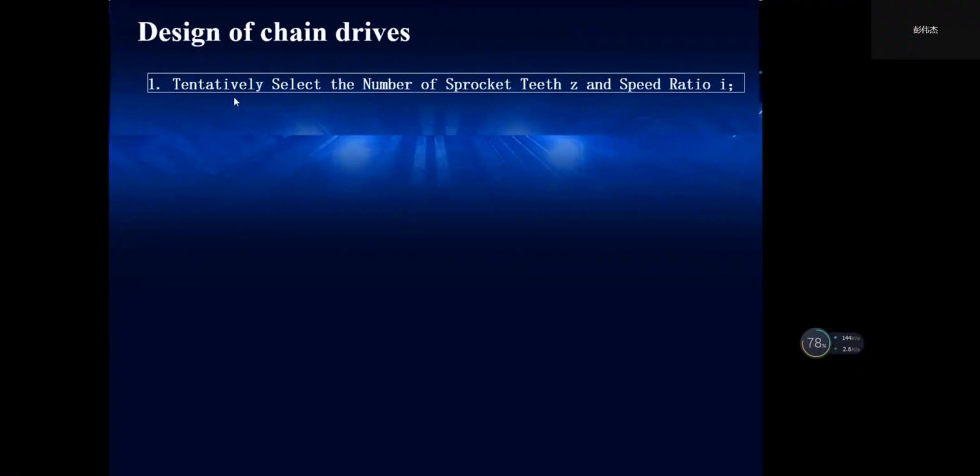This is the design procedure. First, select the number of sprocket teeth and the speed ratio i.